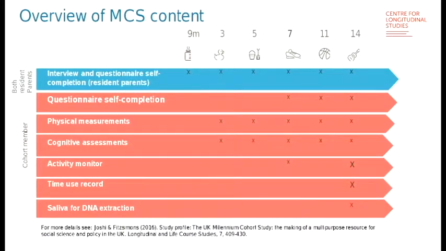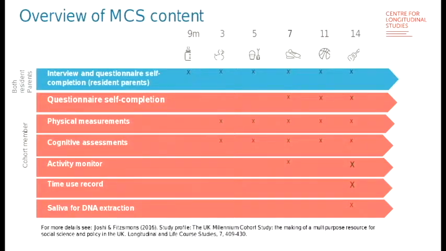So just to give you a bit of context, here's an overview of the MCS content up to MCS 6, that's sweep 6. If you want more detail, Joshi and Fitzsimons' study profile is a good reference, and I've given you the reference for that below. We've now completed 6 sweeps from age 9 months to age 14.